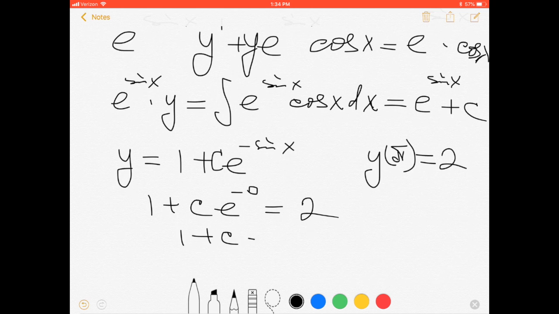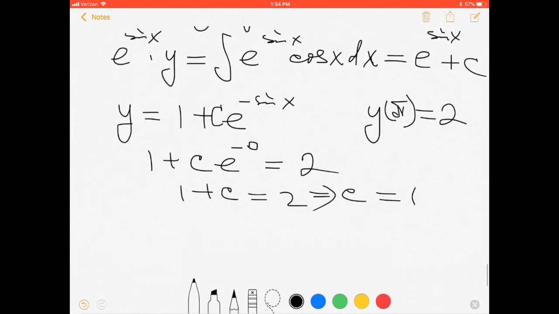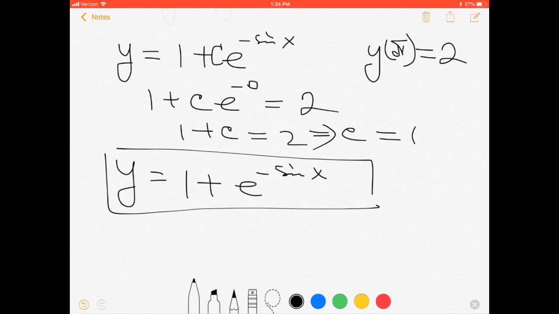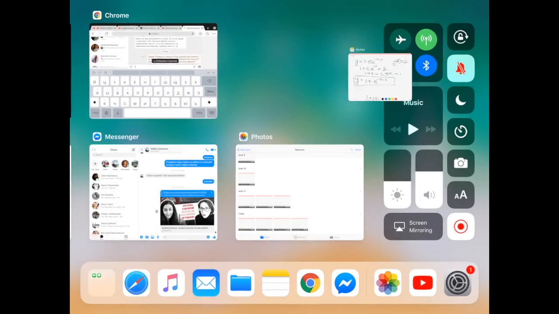This means 1 plus c equals 2, c equals 1. And our particular solution is y equals 1 plus e to the negative sine x. This is our solution. That's it.